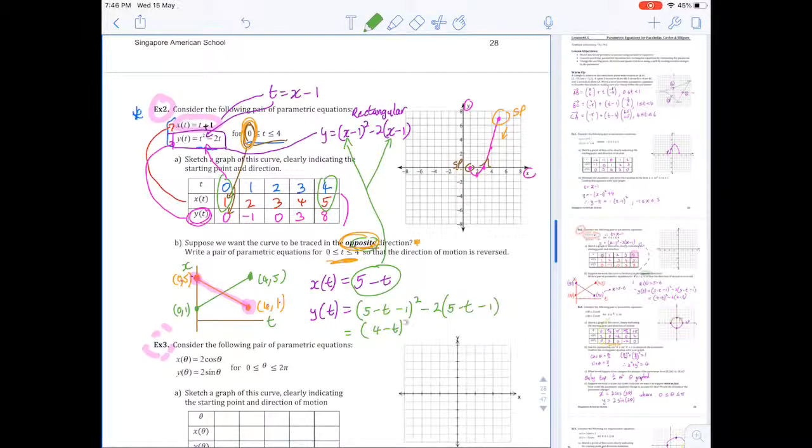4 minus t all squared minus 2 times 4 minus t is the modified y equation, and you can leave it in that form or you can distribute it out either way.